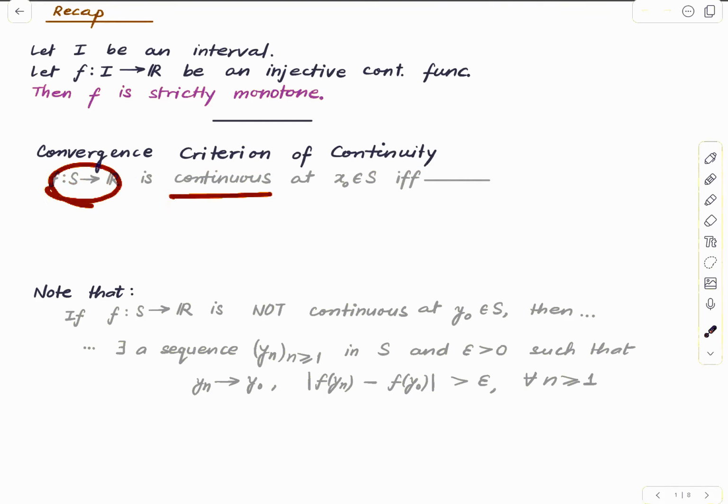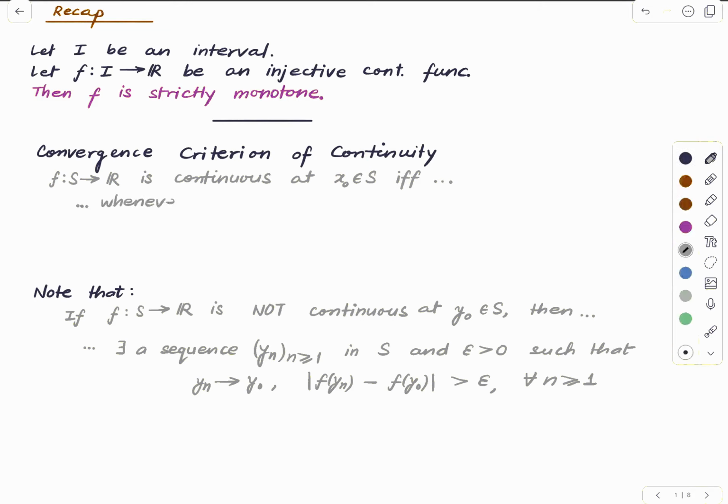Then we know that f is continuous at x naught if and only if whenever x n is a sequence in S, meaning the domain of f, such that the sequence converges to the point x naught, then the image sequence converges to the image of x naught. So that's the criterion of continuity via convergence.